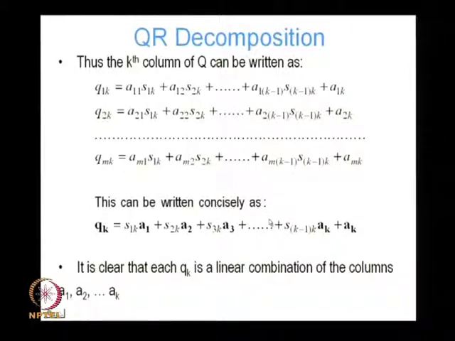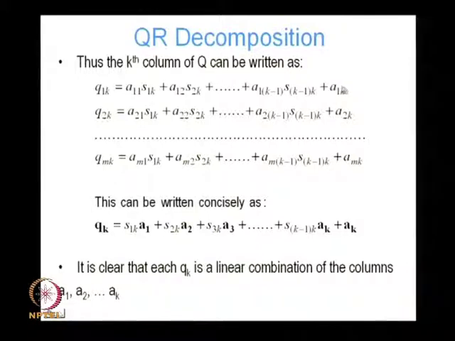So, we can write this concisely as Qk is equal to some scalar S1k times the first column of A, plus another scalar S2k times the second column of A, plus another scalar S(k-1)k times the (k-1)th column of A, and finally we are going to have Akk.